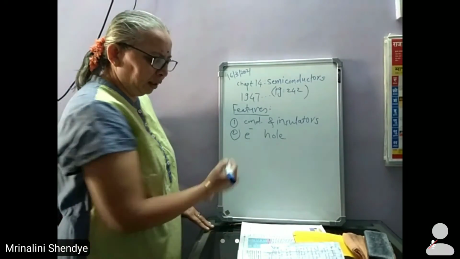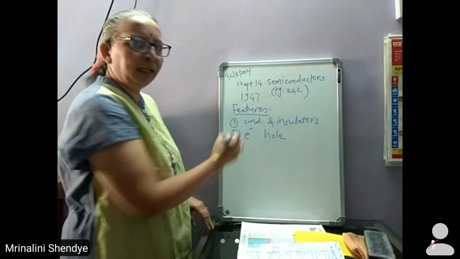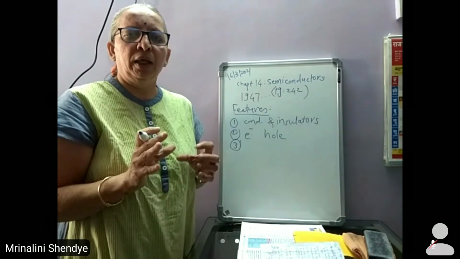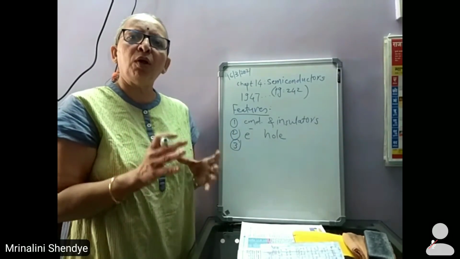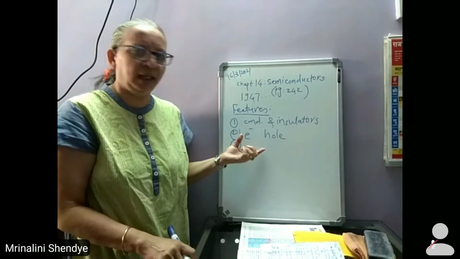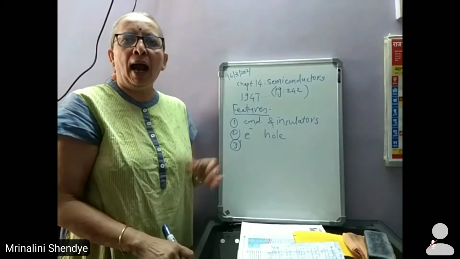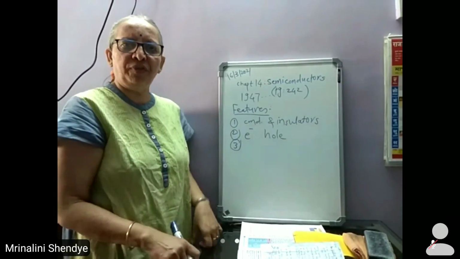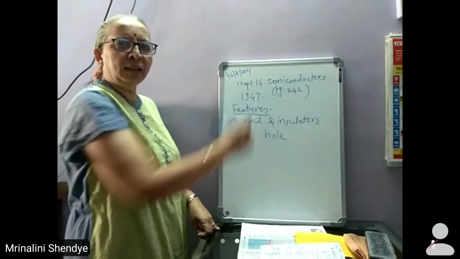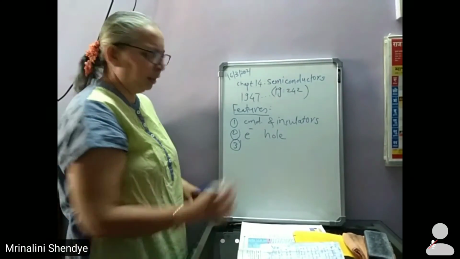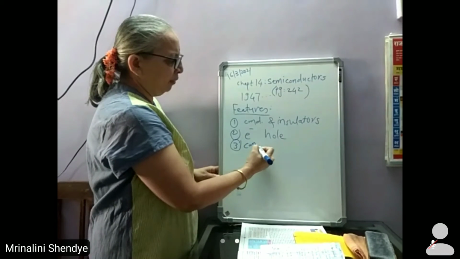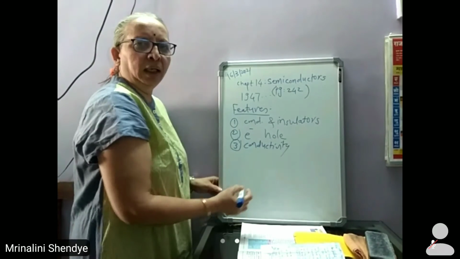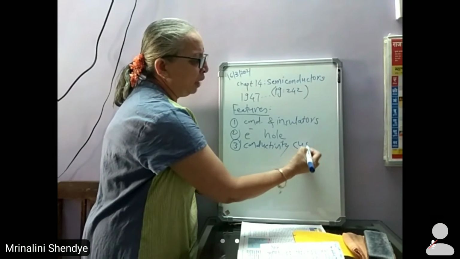Then number 3, their electric conductivity can be customized. You can control the flow of charges through a semiconducting material as per your requirement. So the third peculiar feature of semiconducting materials is that electric conductivity through them can be customized.